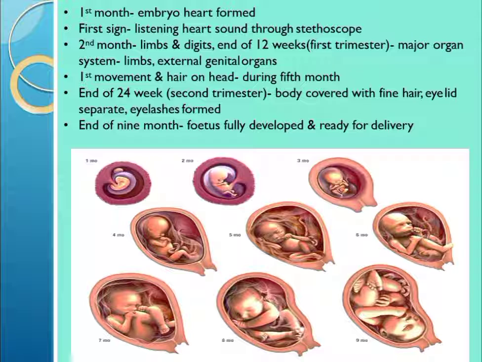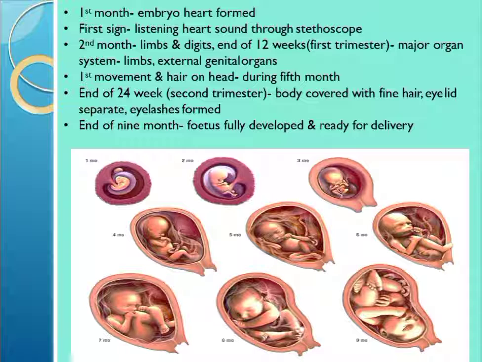Okay, for 12 weeks, means by the end of the first trimester, 3 महीने जब complete होते हैं, तब major organ systems, limbs, and external genital organs are also produced. The first movement of the fetus and appearance of the hair can be observed during the 5th month.